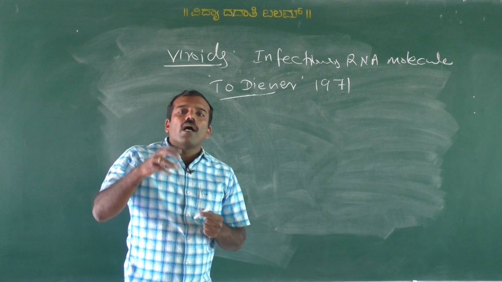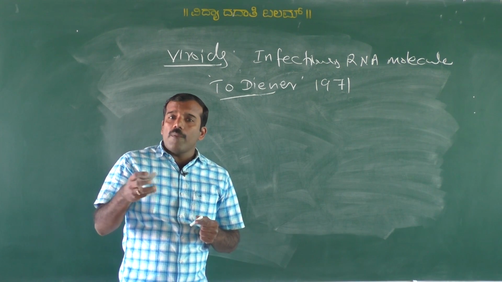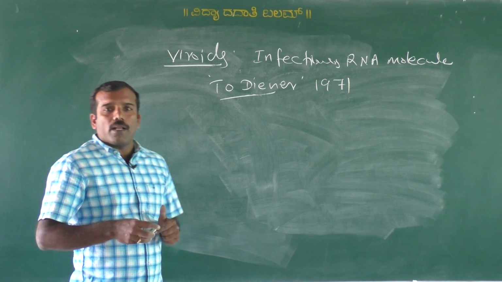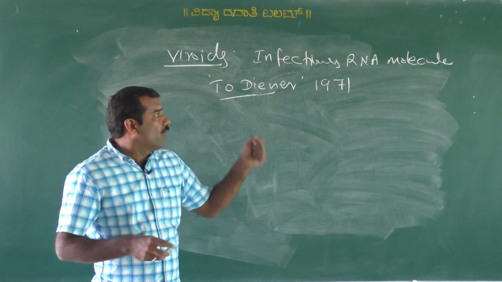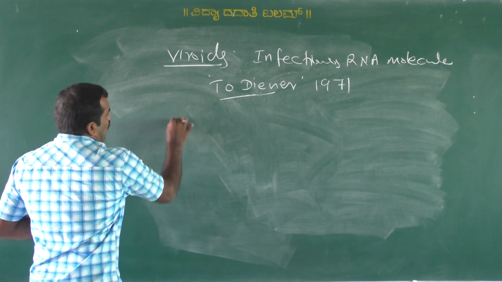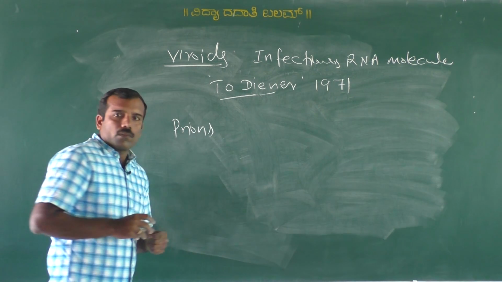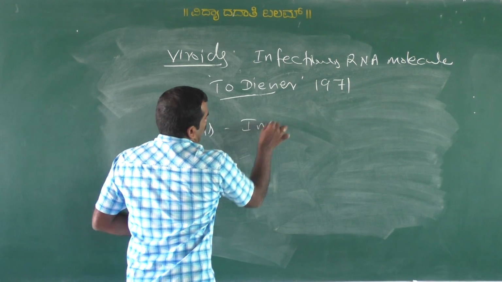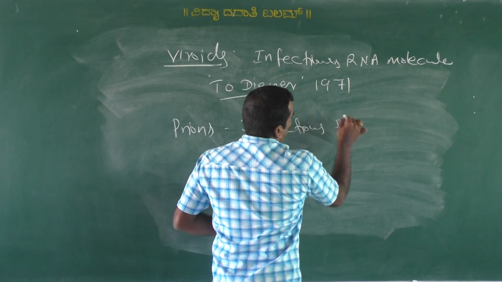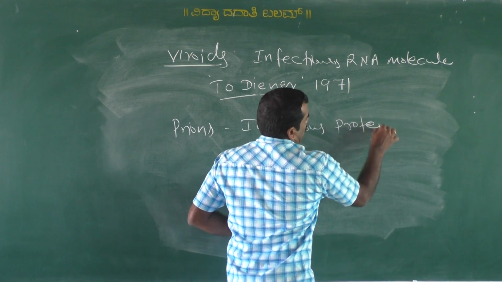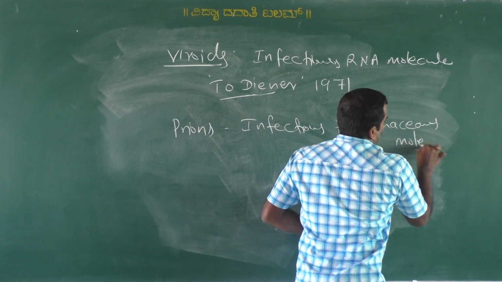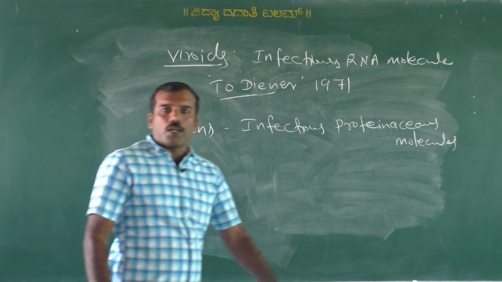So virus is an infectious agent having a protein coat and also genetic material. But here only genetic material, that is RNA, is infectious without protein coat. Similarly, another type of infectious agent is prions, which are infectious proteinaceous molecules.